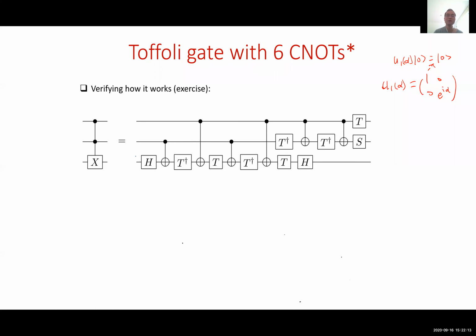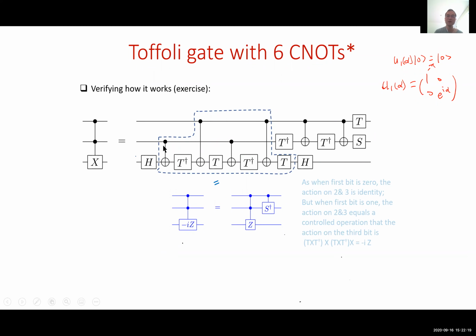So I won't go into the detail, but I would assign this as an exercise. You would use the hint that I have here. At least this is how I understand it. You first look at this block and you use what I did. So if it's 0, 1, 1, 0, etc., you check.